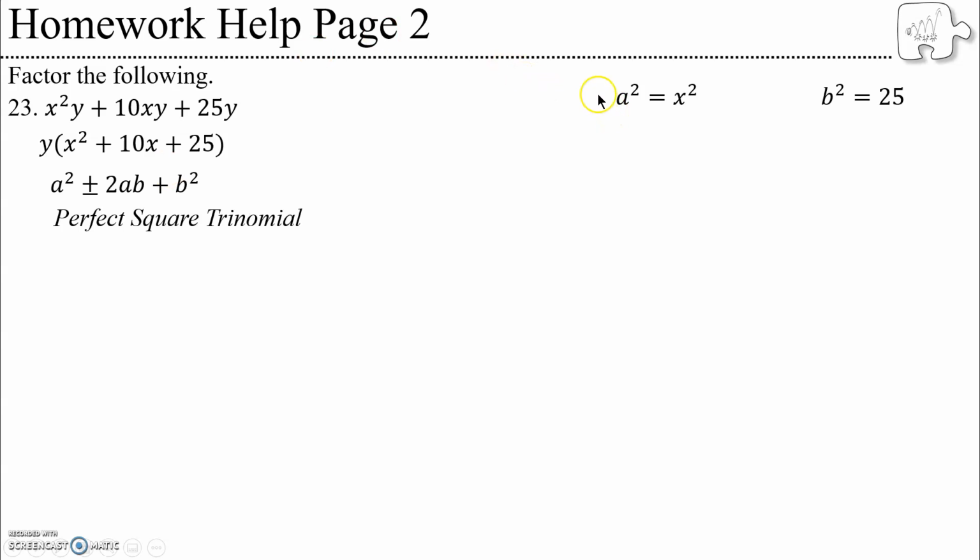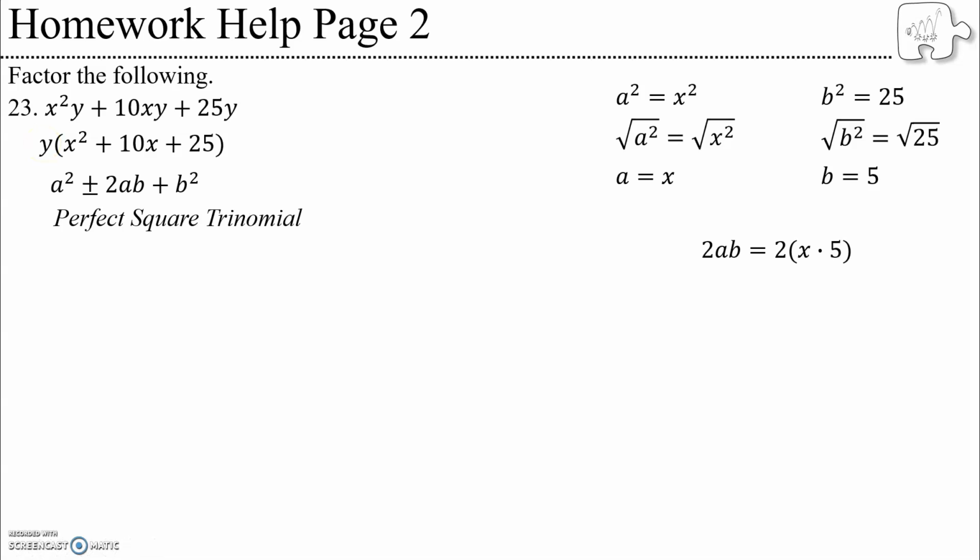We take the square root of both sides. The square root of x squared is just x, and the square root of 25 is 5. Remember that the y is going to be outside, so the y is the first part of our answer. Sorry, I forgot to double check this.